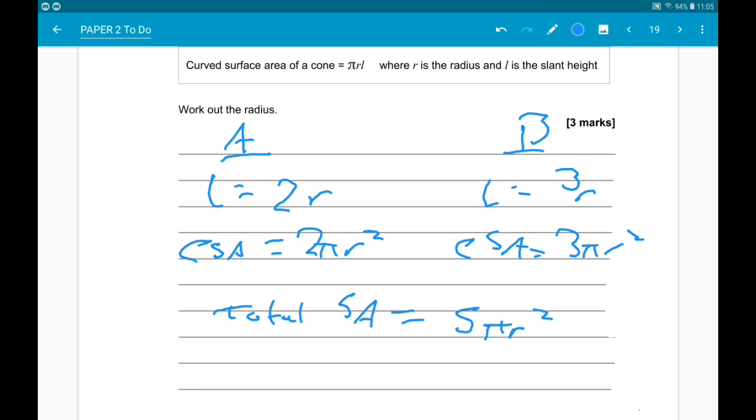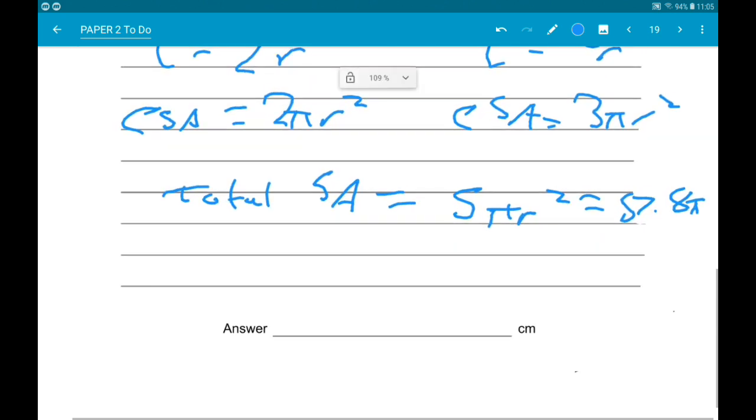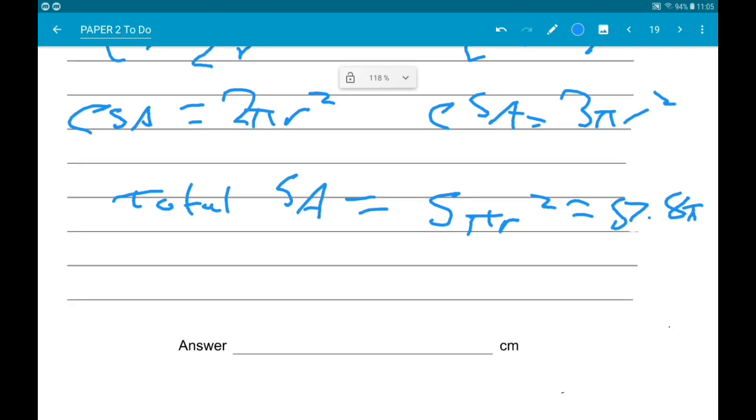Now we also know that that is 57.8 pi. So from that we can now find R. So we can divide through by pi, so 5R squared is 57.8.